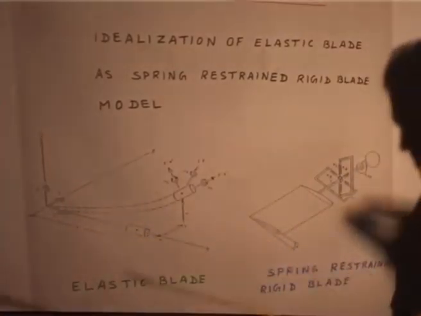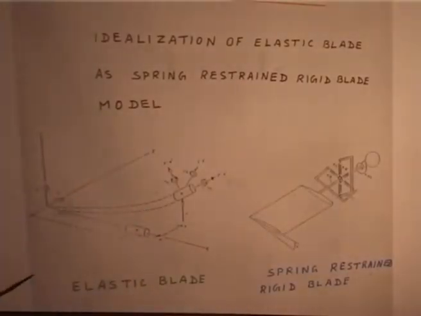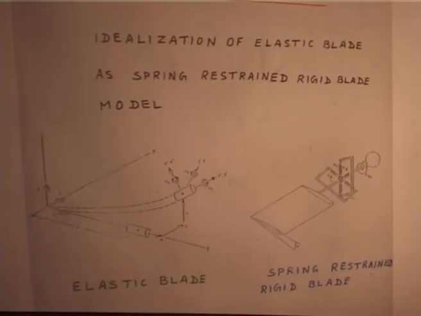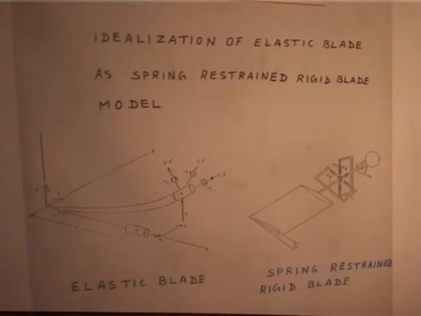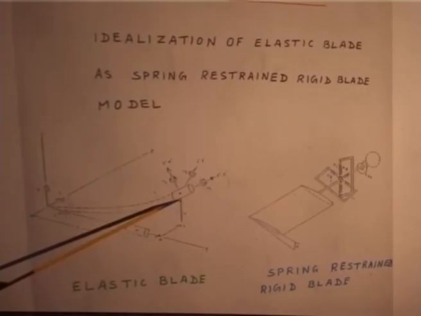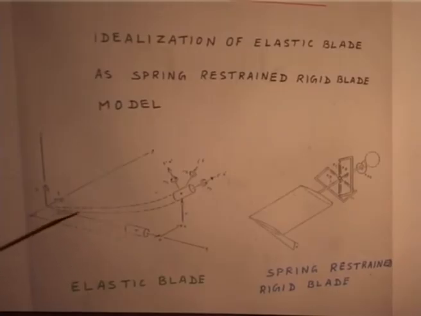I have shown here just for example, if you have a small element, because this is how we analyze structures, you take a small element of the blade, how this small element deforms during operation. This element can have an axial deformation U, a lead lag deformation V, a flap deformation W, and then it can have 3 rotations.